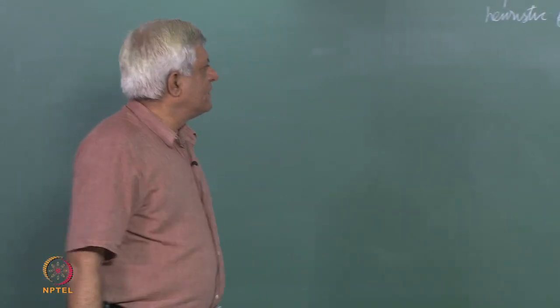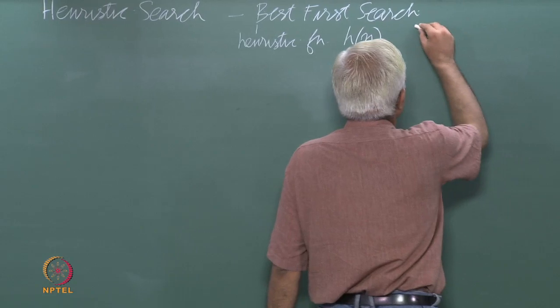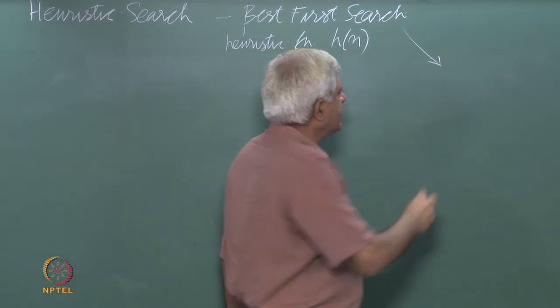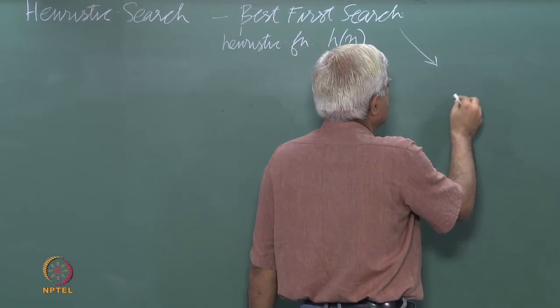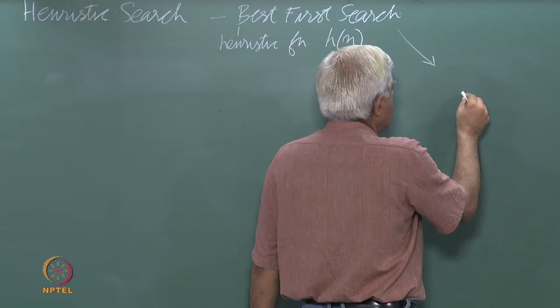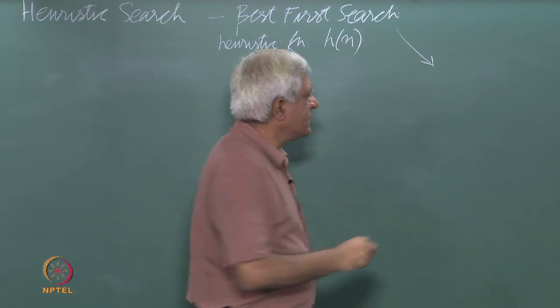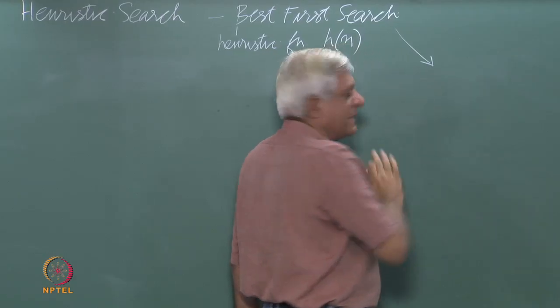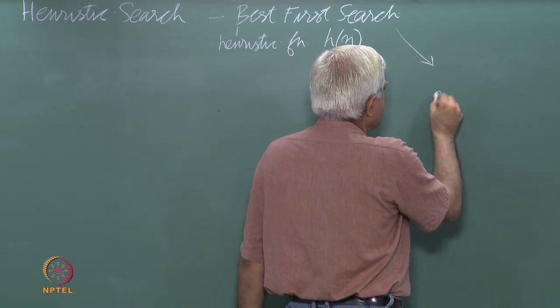And what essentially best first search does is that it sorts the open list. Let us say new is a set of nodes that is generated by MoveGen, and the basic difference between best first and the earlier algorithms we saw was that open is modified as follows.